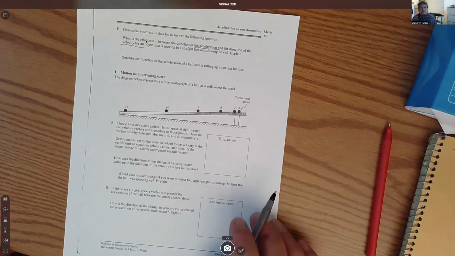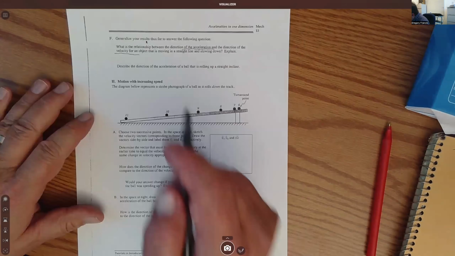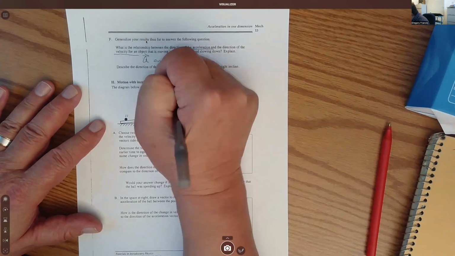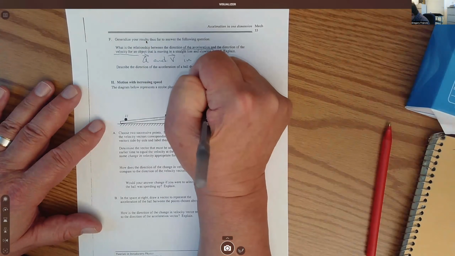Now, this is a general question. Anything moving in a straight line and slowing down could be a car going down a straight freeway, hitting the brakes. Anything that's slowing down in a straight line, we have to have the acceleration and the velocity in opposite directions.